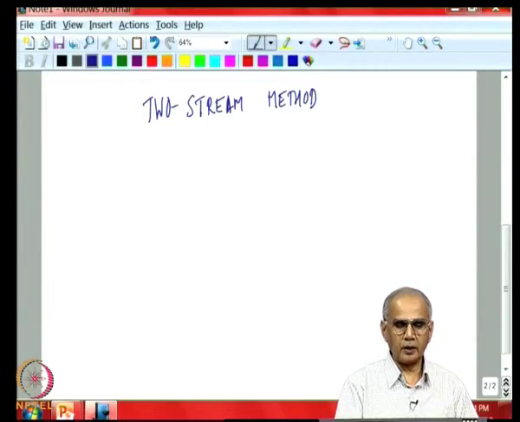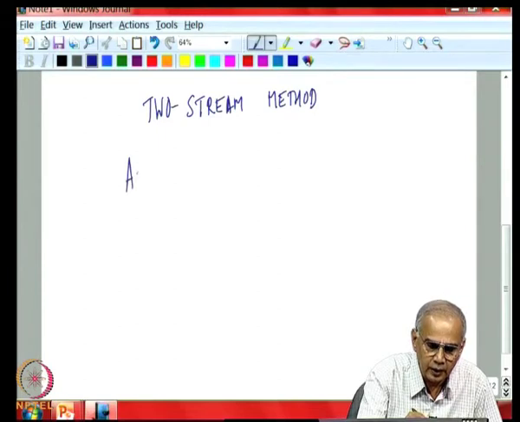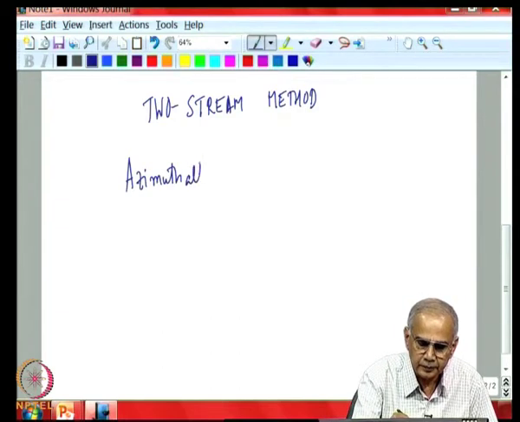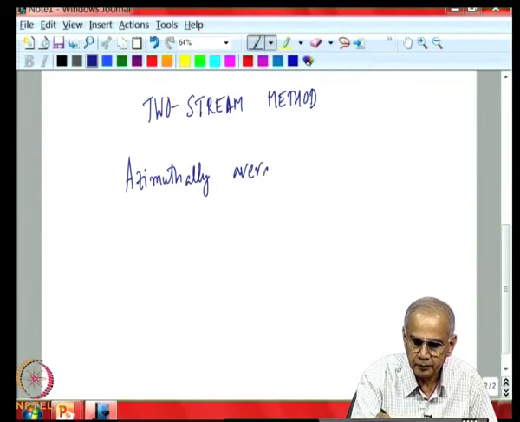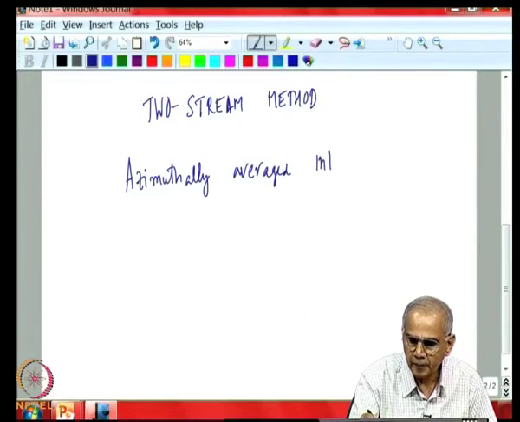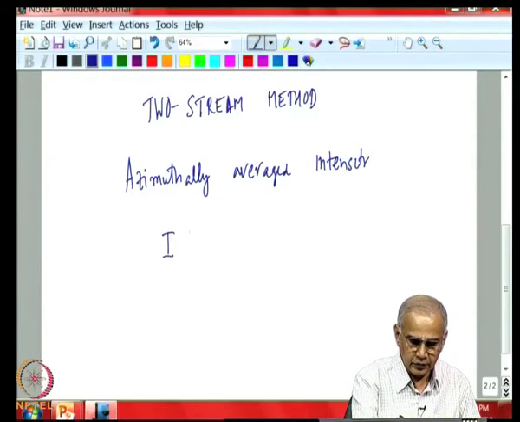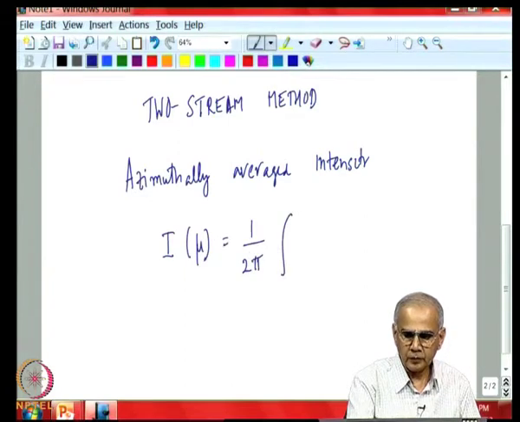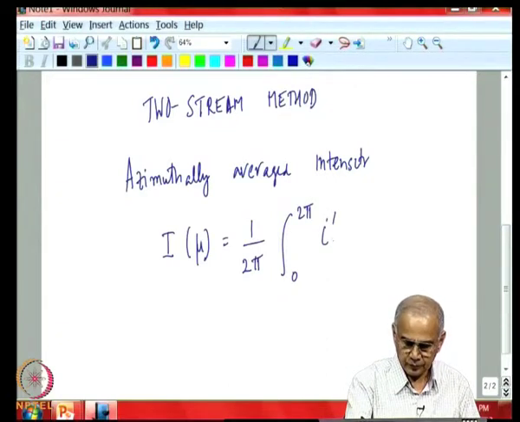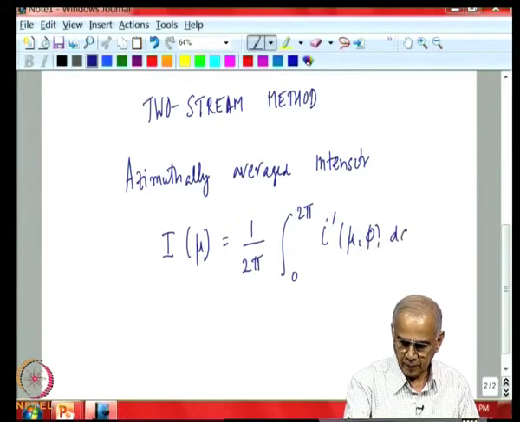So, one direct way is to look at azimuthally averaged intensity. That is, you define an I, a function of mu, that is cos theta, as 1 over 2 pi, integral from 0 to 2 pi of I prime of both mu and phi, d phi.